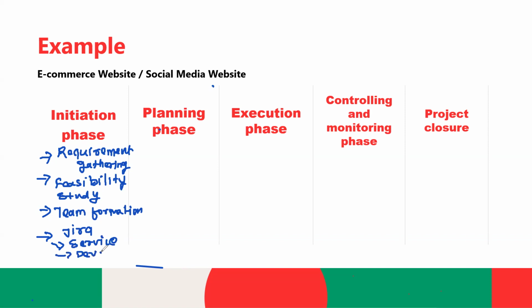So these are the tools available in the market: Jira, ServiceNow, then Azure DevOps. These all provide us tools for project management. This will happen if, let's say, we are planning to work on this e-commerce website. Now the second thing, planning phase, what will happen here?